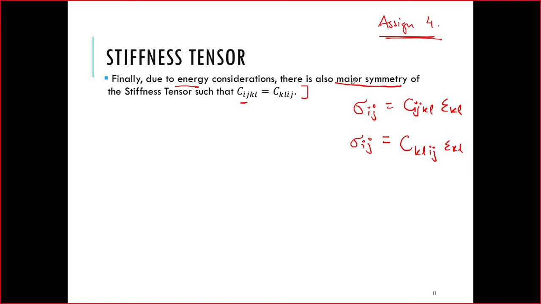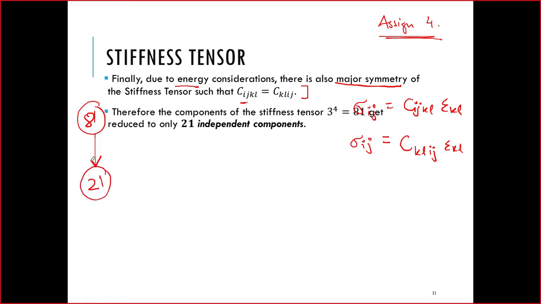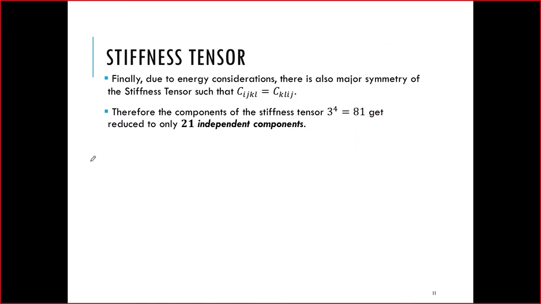Okay, so it will deal with the major symmetry of the stiffness tensor, right? That then finally brings us okay, this last bit has significantly reduced now. अभी आखिरी में हम 36 तक पहुंचे हुए थे. Now with the major symmetry in place, this 81 gets reduced to 21 components of the stiffness tensor.